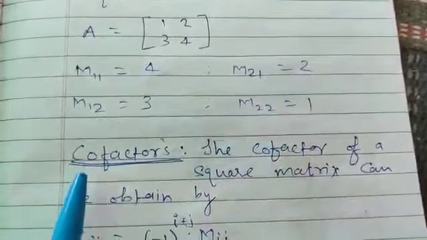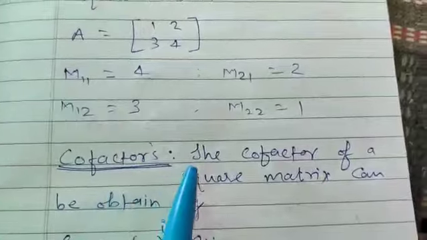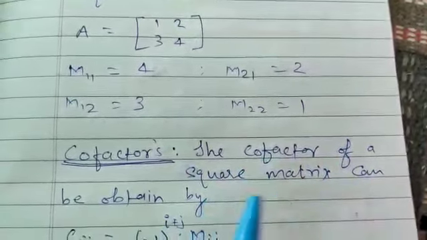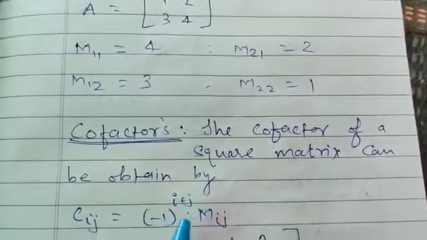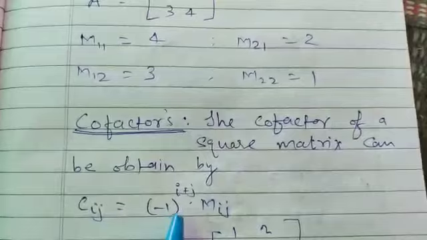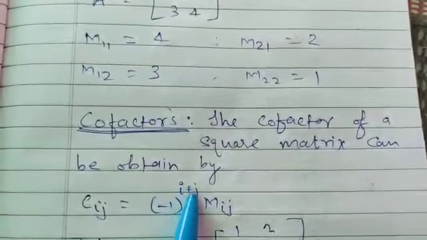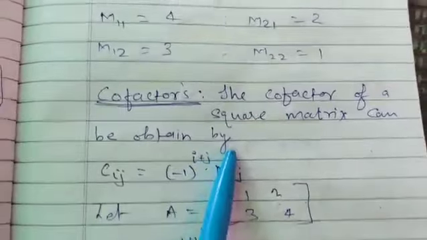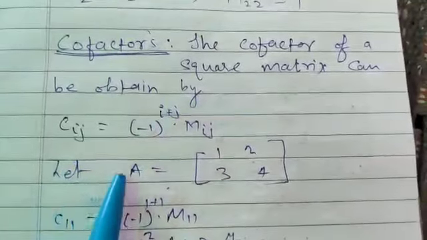Now, what are cofactors? The cofactors of a square matrix can be obtained by this formula: Cij equals minus 1 to the power i plus j into Mij, where Mij is the minor. So let us take an example.